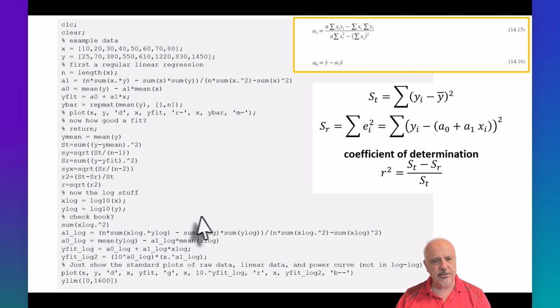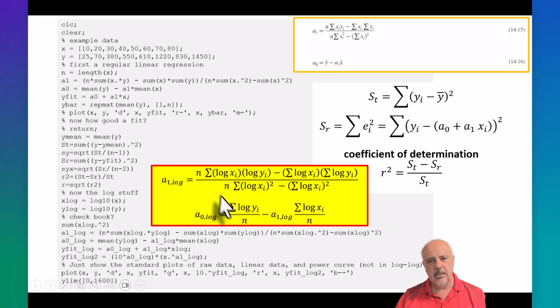So it set me up for success where I could go and implement my A1 log and my A naught log. And basically, I'm just going to rely on the same equations here. It's going to be n times the sum of x log dot star y log. The dot star means that I'm taking each one of the x logs and multiplying element-wise with the y logs.